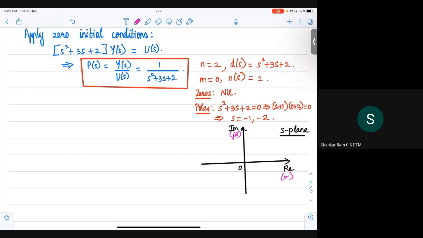If we look at this two-dimensional plane, the space to the left of the imaginary axis is what is called the left half plane. Everything to the left of the imaginary axis is the left half plane, abbreviated as LHP. And whatever is towards the right of the imaginary axis is called the right half plane, abbreviated as RHP.